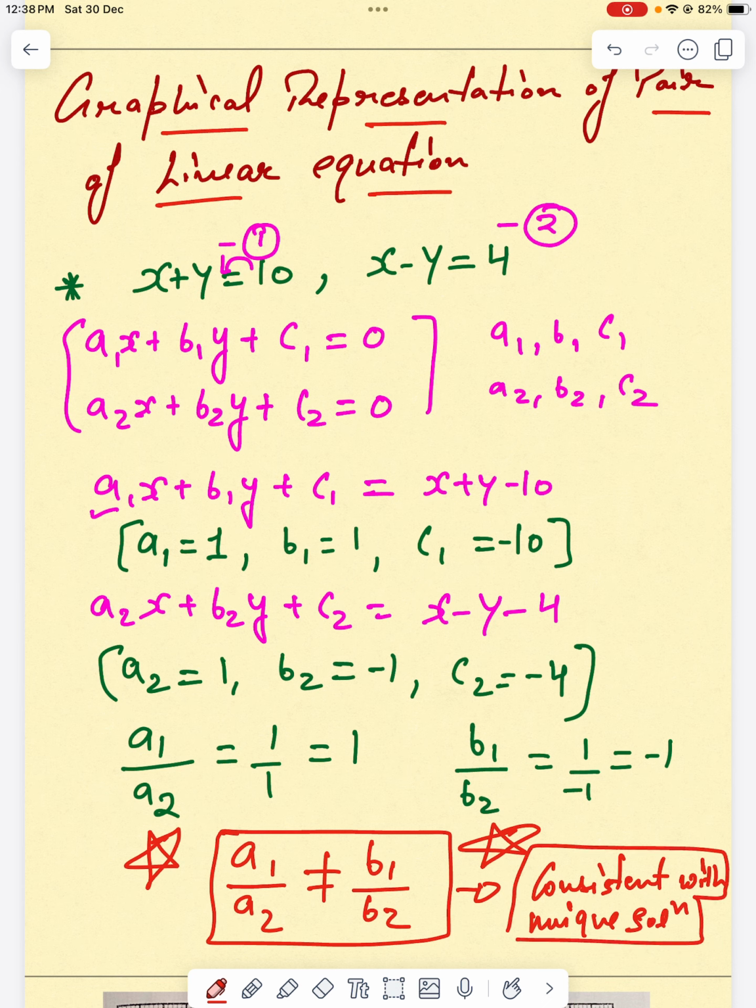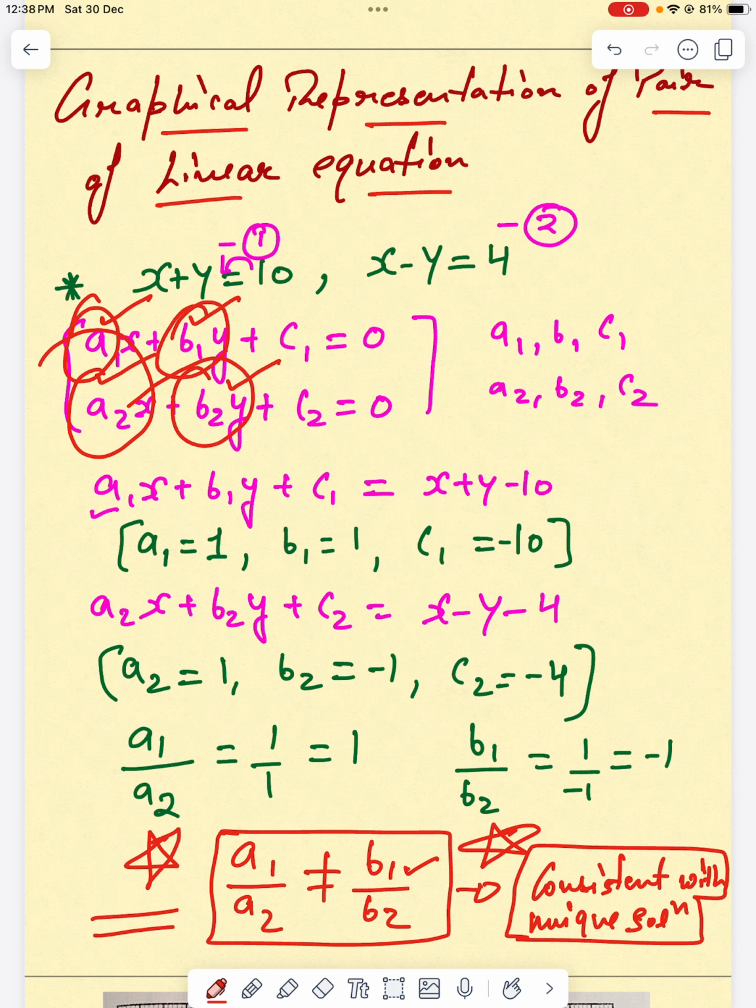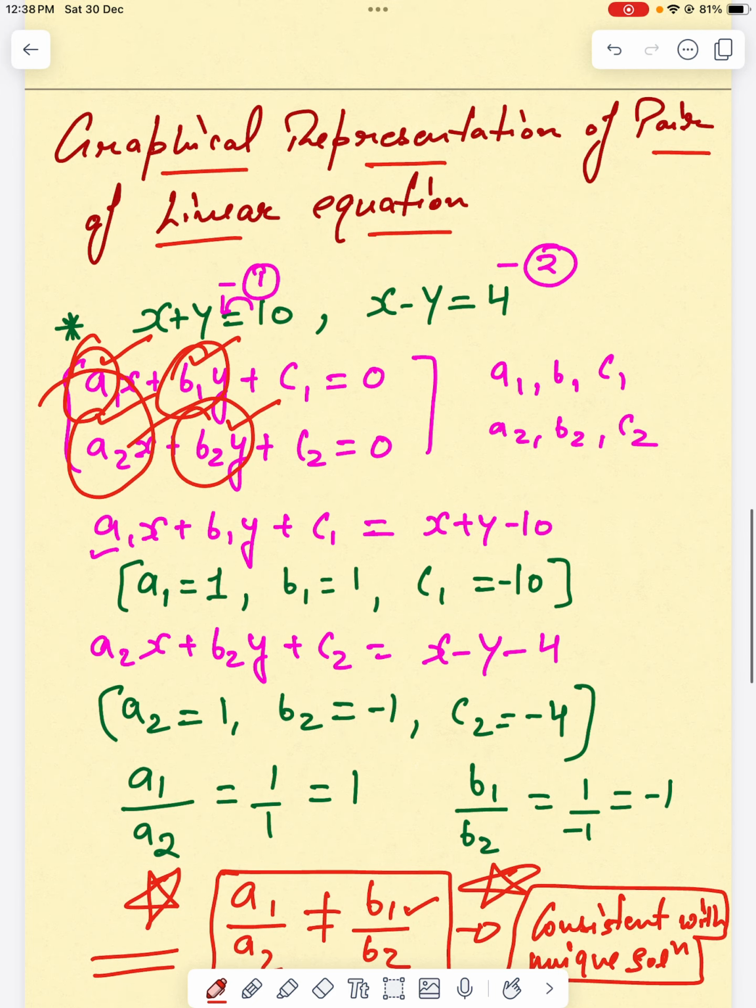You need to remember this relation. What is a1? a1 is the coefficient of x in equation 1 and a2 is the coefficient of x in equation 2, and b1 is the coefficient of y in equation 1 and b2 is the coefficient of y in equation 2. So you have to remember this. This is a very important relation from the examination point of view.